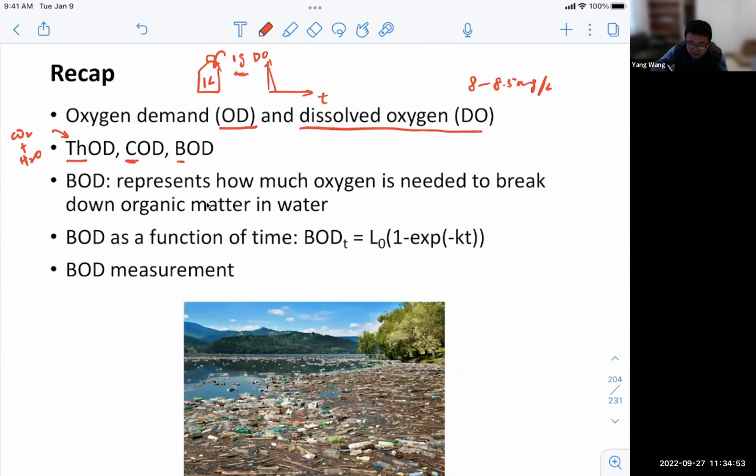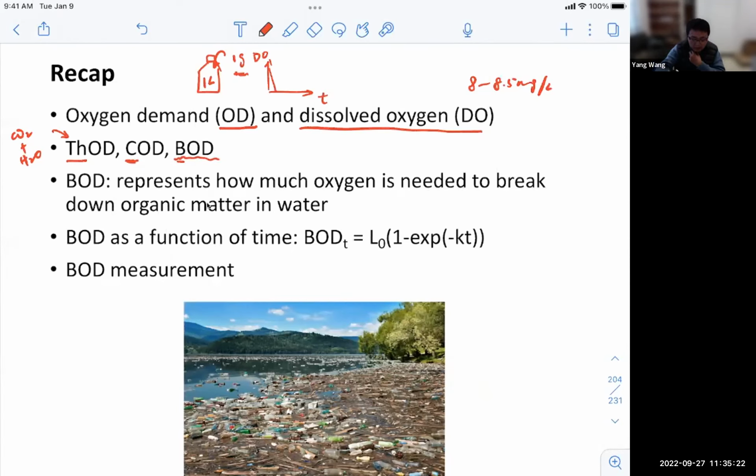But the limitation is that the COD is basically an overkill. These highly oxidizing agents will also oxidize something that is not biodegradable, for example plastics. The bacteria will never eat plastics because they're so stable. So that's why people use the biochemical oxygen demand, which is a more realistic indicator of the water quality.